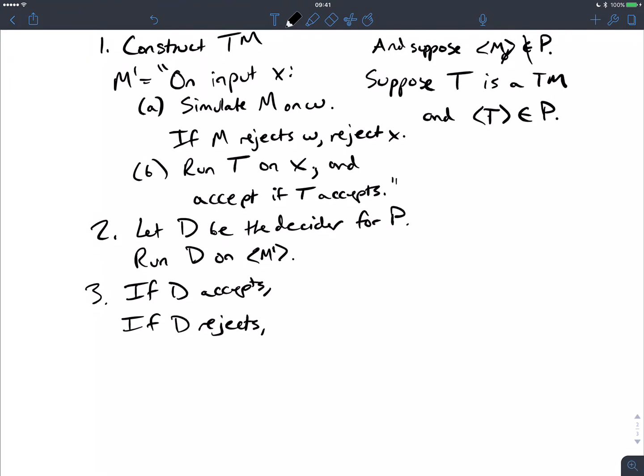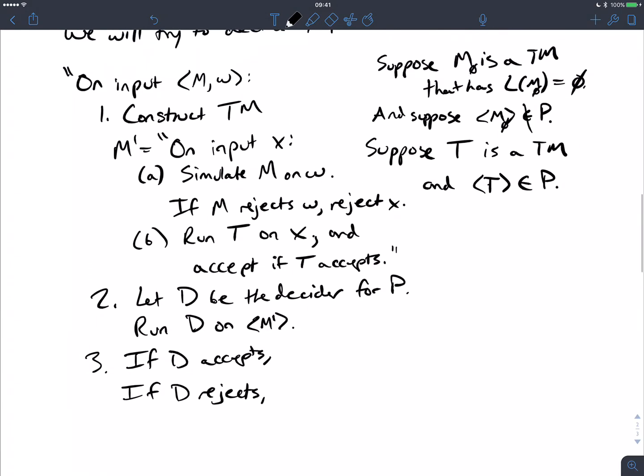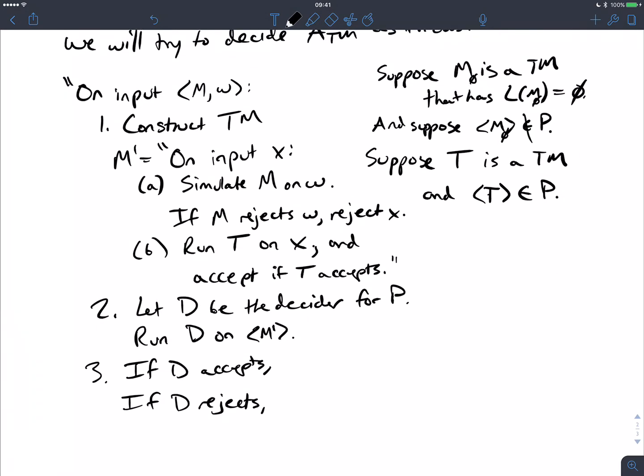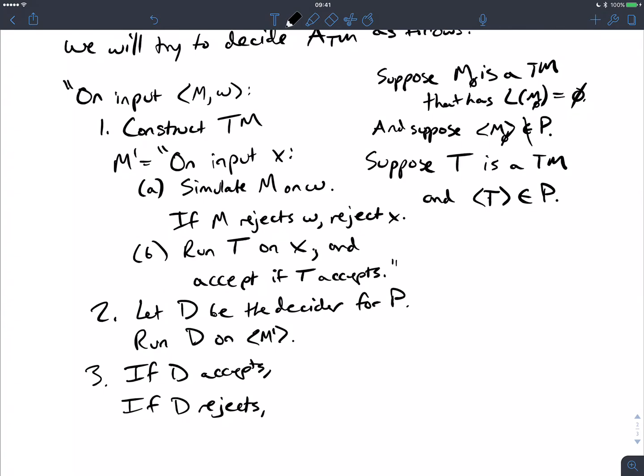Let's see. If D accepts, what does that tell me about M prime? It must have property P, because that's what the decider is supposed to do. So if it does have property P, how did M prime behave? It behaved like T, because we assumed that had property P. Well, if M prime behaved like T, what was the answer of whether M accepted W or not?